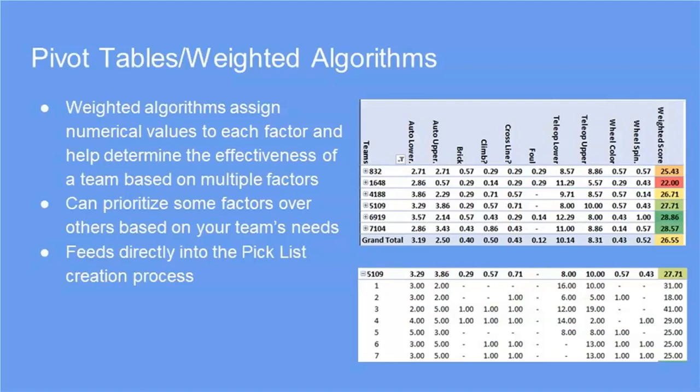Basically, this is the idea of assigning weights or values to compare the relative importance of a data field in your team's strategy. It'll allow you to get a numerical value showcasing the strength of a team based on a multitude of factors. And it's an extremely effective way to take into account all the factors of competition and condense it down to one number.